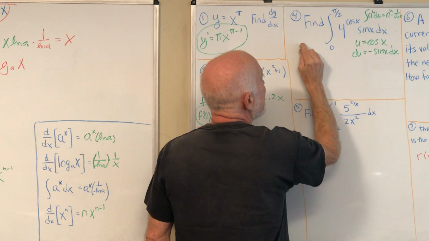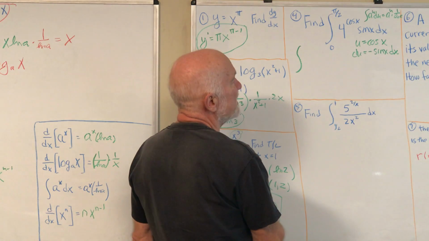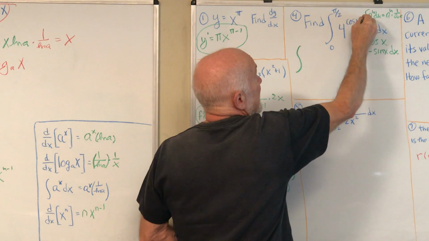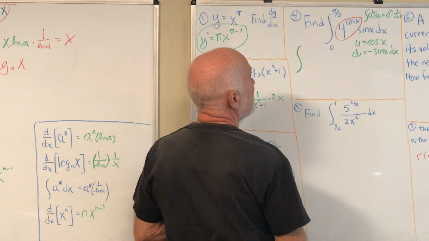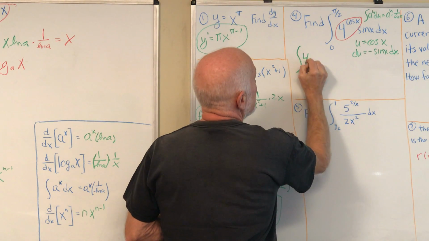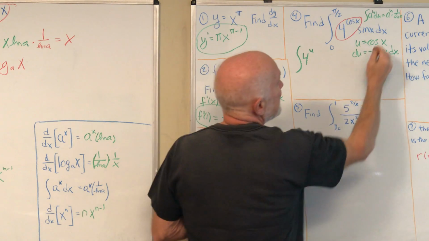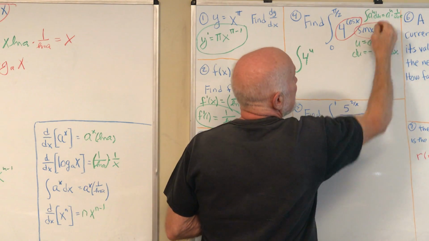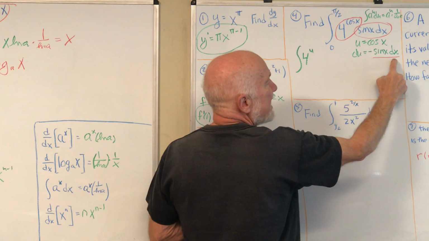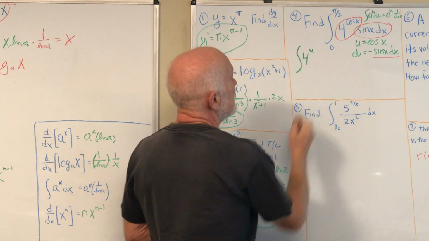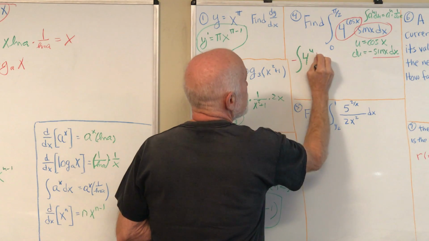And I have to rewrite everything. So this becomes, I'll just circle it as I replace it, 4 to the u. And then I have to look at what sine of x dx is. From here I can see sine of x dx is just minus du.